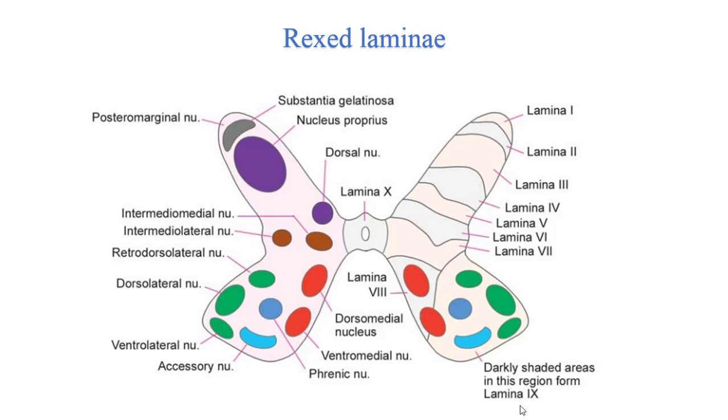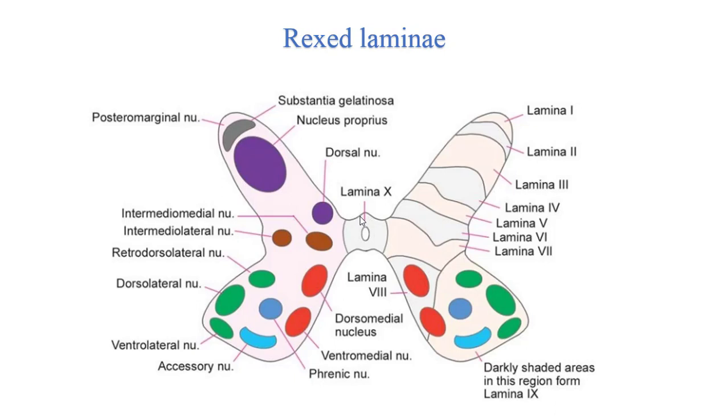Lamina 9 contains various clusters of cell bodies of alpha and smaller gamma neurons, which send information through their fibers to muscle spindles. And finally, lamina 10 is the no man's land, the area around the central canal.